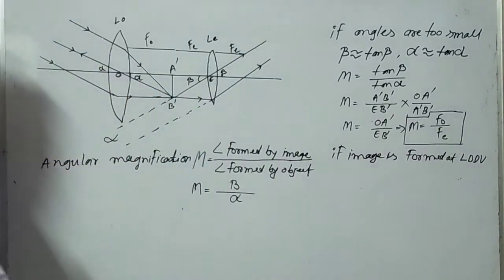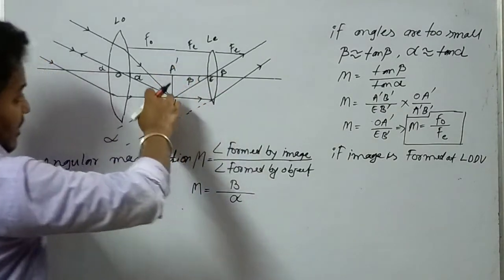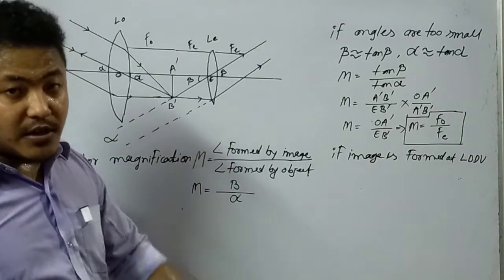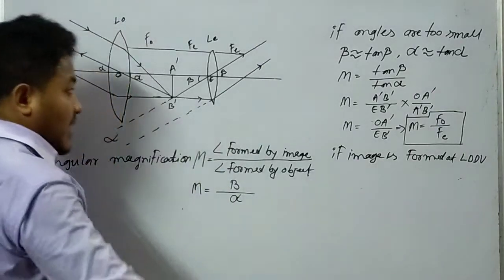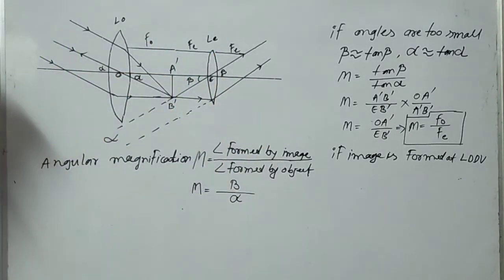Okay, so in this case, what should I do now? I cannot change the position of the object right now. So what I can do, this lens cannot be adjusted, but I can adjust this lens.